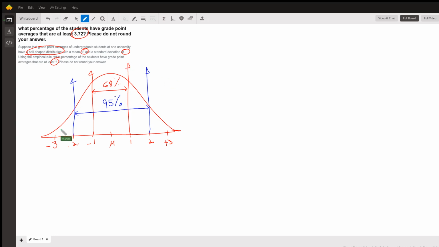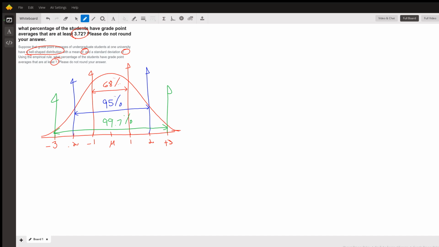And finally, about 99.7%, so almost everything, is within 3 standard deviations of that mean.